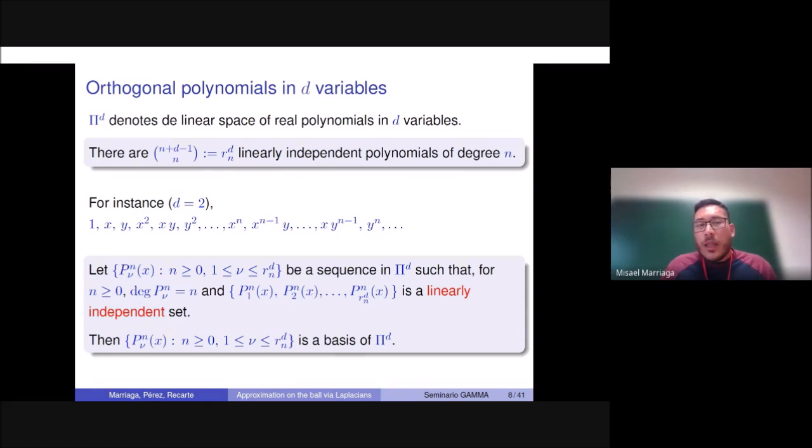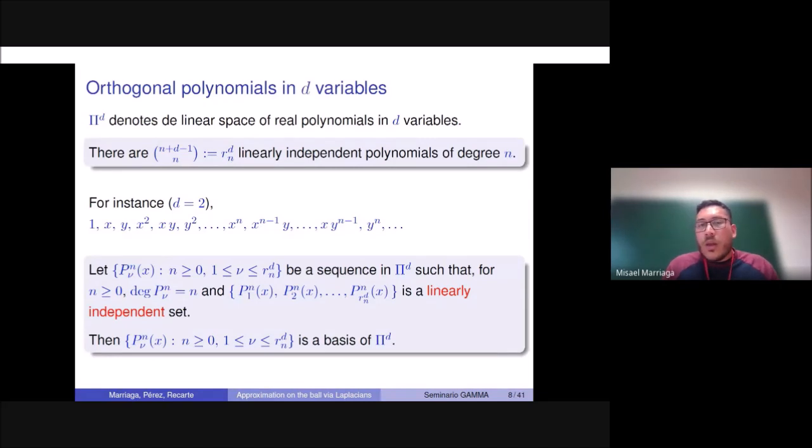So whenever you apply the Gram-Schmidt process, you will get many orthogonal bases. There are as many orthogonal bases in several variables as there are ways to order the monomials. Even if you order them according to the total degree, among the elements of the same degree there's also no natural order in which you can put the monomials.